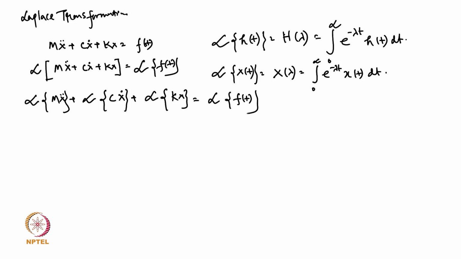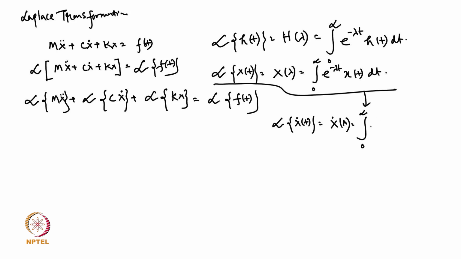Now we already know that Laplace of x of t is this one. Let's see what about Laplace of x dot t. We can write it as x dot of lambda, and that will be the integral from 0 to infinity of e to the power of minus lambda t x dot t dt.